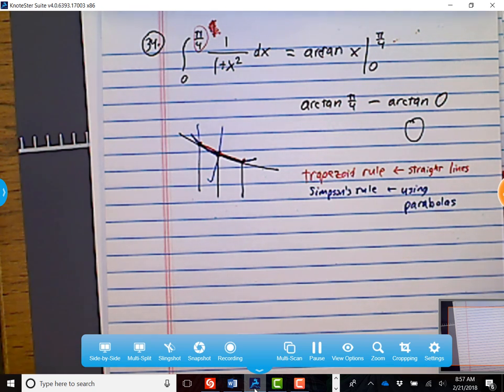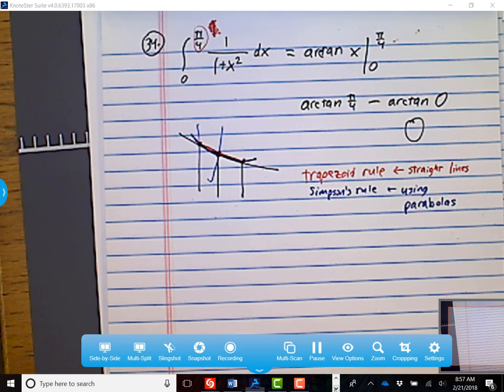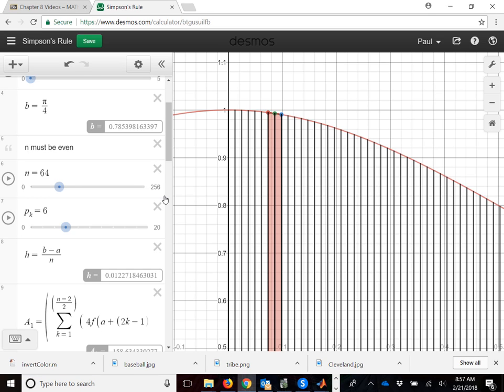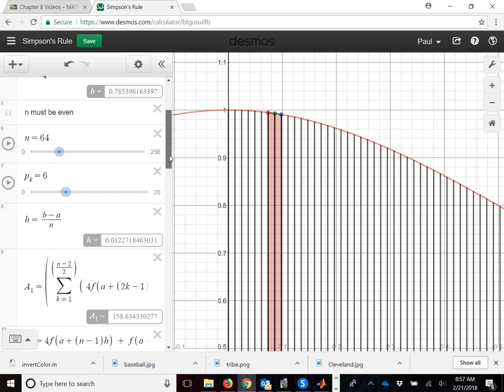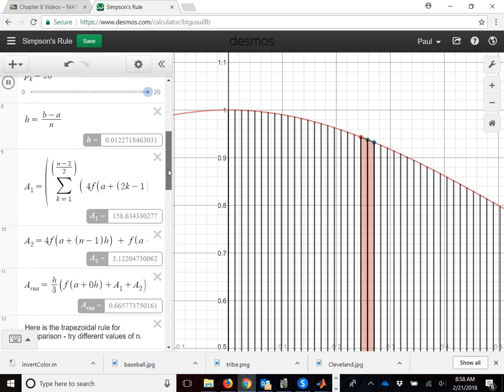So, anyways, this goes through the calculation. And I mentioned the project. If you enjoy programming, take a look at this Desmos sheet when you are working on the homework. There's a lot of cool things going on. This is just where am I, and it's going to show the picture. This you guys should be comfortable with, b minus a over n. That's my h.